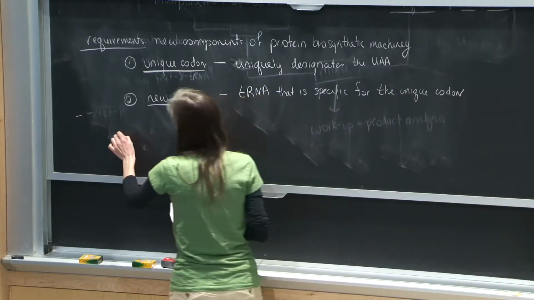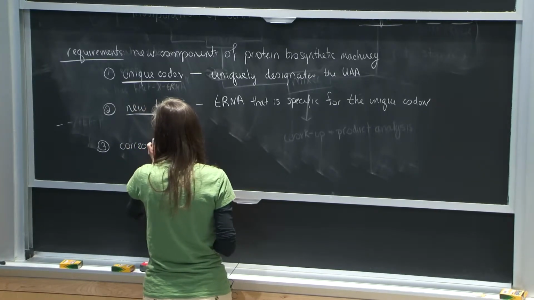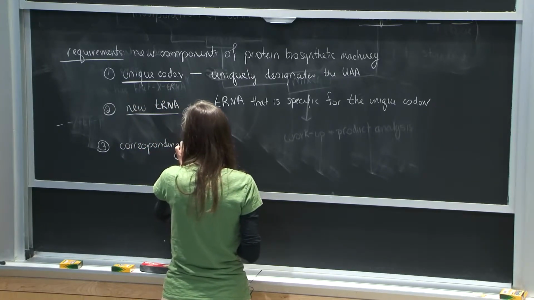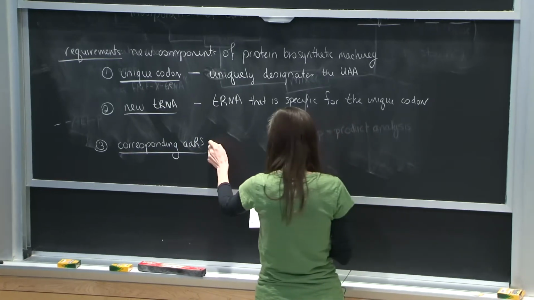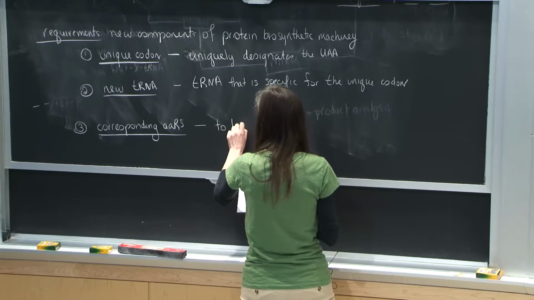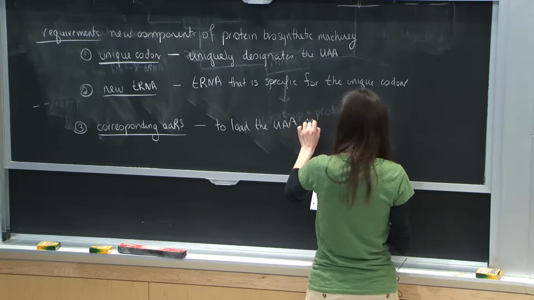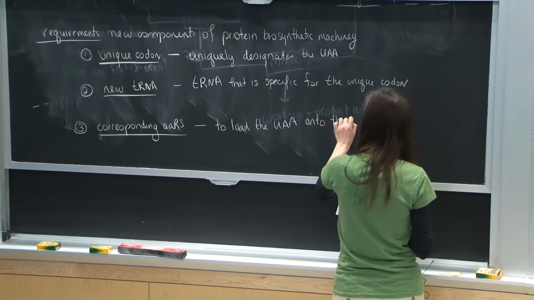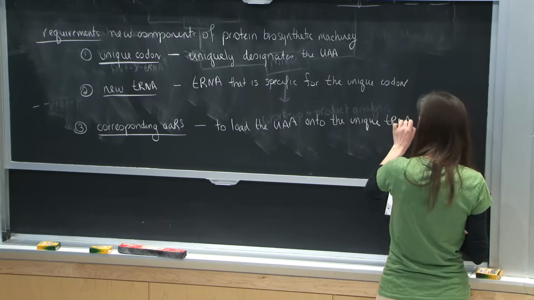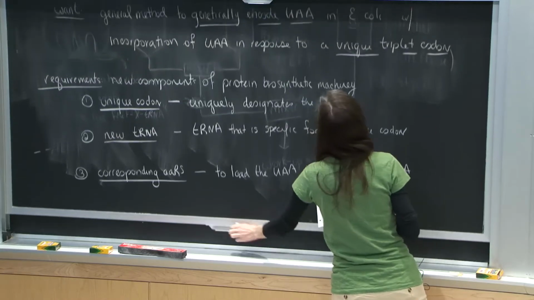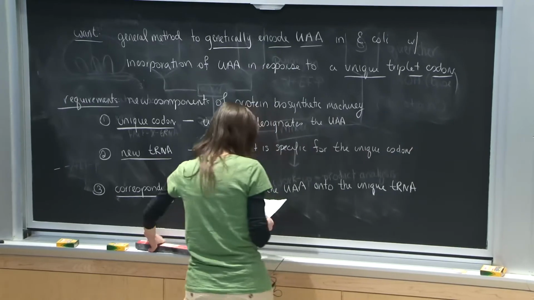And we need the corresponding aminoacyl tRNA synthetase, and we need this to load the unnatural amino acid onto the unique tRNA here. So what is a key feature of all of this?